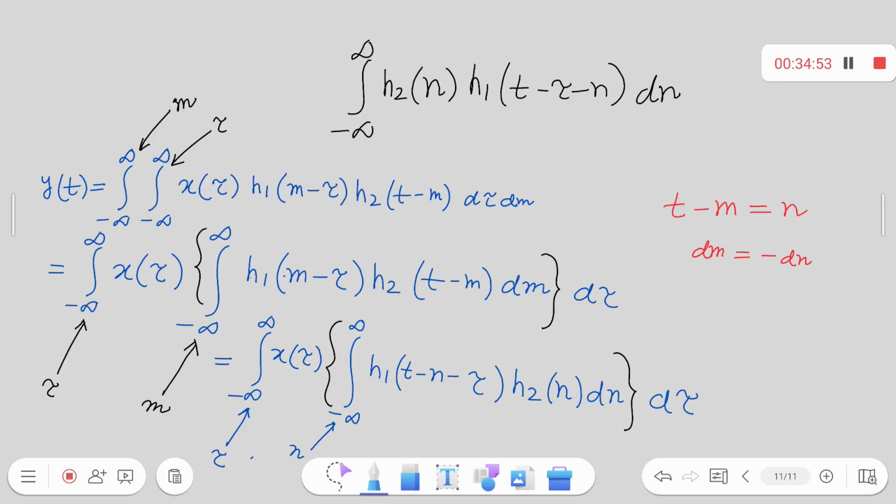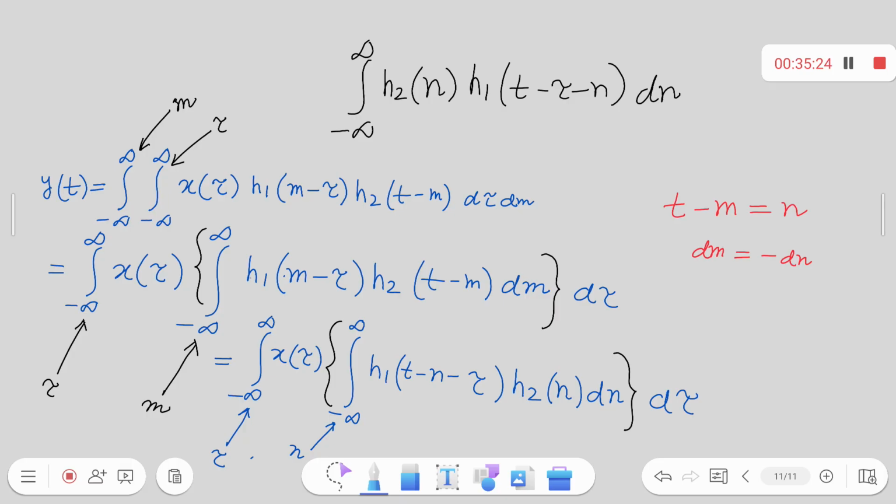Convolution. What is the formula? x of tau into h of t minus tau. So here you have x of n, h of t minus tau minus n. So this is basically the convolution.